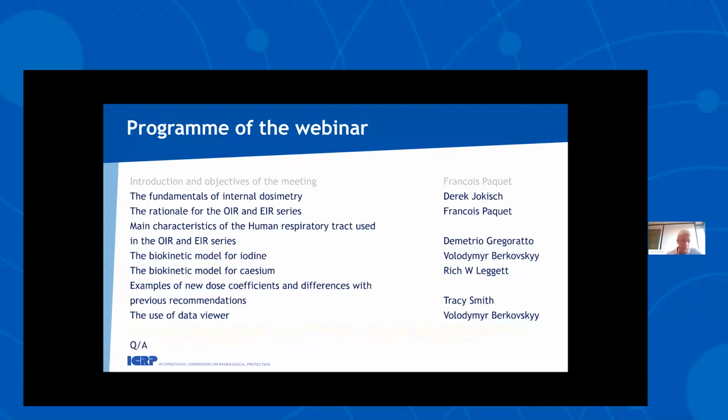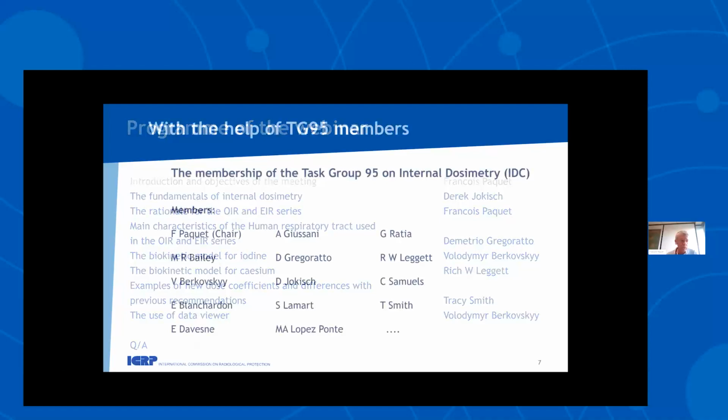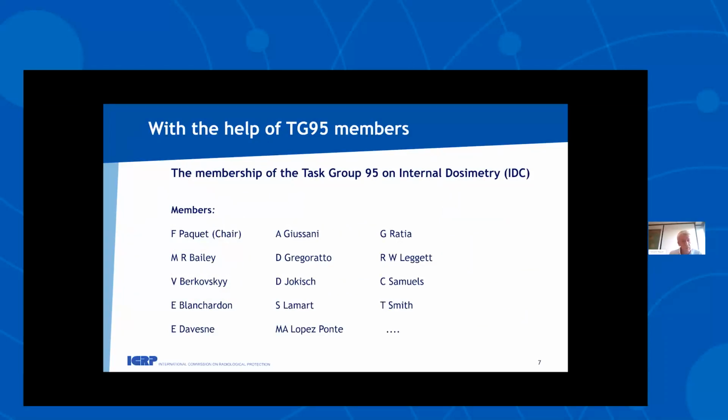And then we will have time for questions and answers. So the webinar will be presented by these six or seven speakers. I would also like to thank all the members of TG95, who actively participated in the production of these dose coefficients. We are 14. It's a small group, and we have some room to invite many other people.